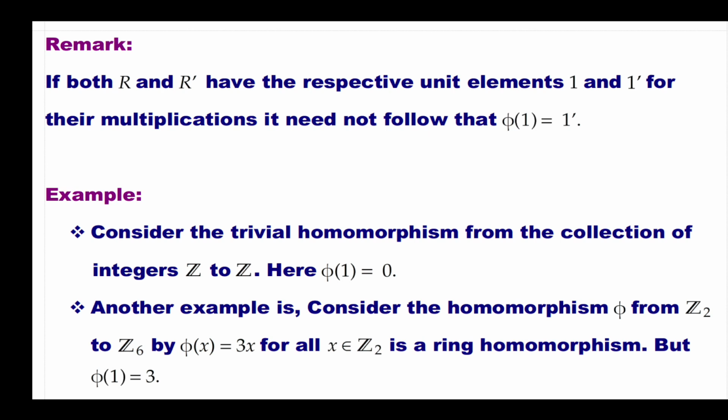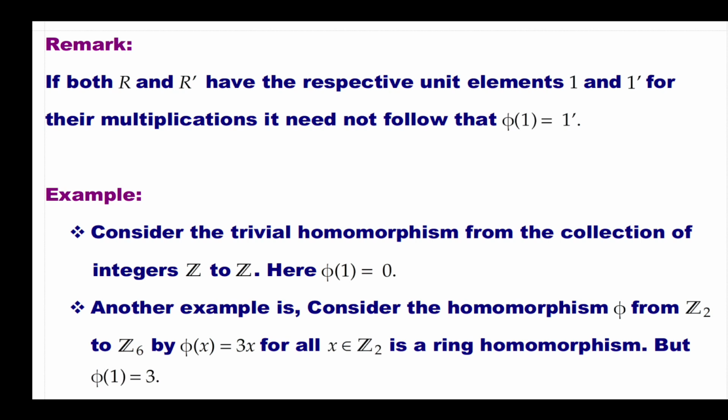One important remark is, if both R and R dash have the respective unit elements 1 and 1 dash for their multiplications, it need not follow that phi of 1 equals 1 dash. For example, consider the trivial homomorphism from the integers Z to Z. Here phi of 1 equals 0.